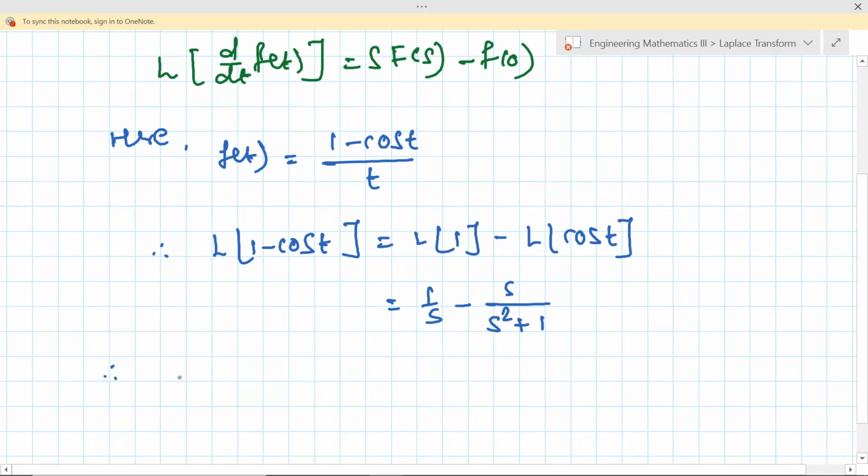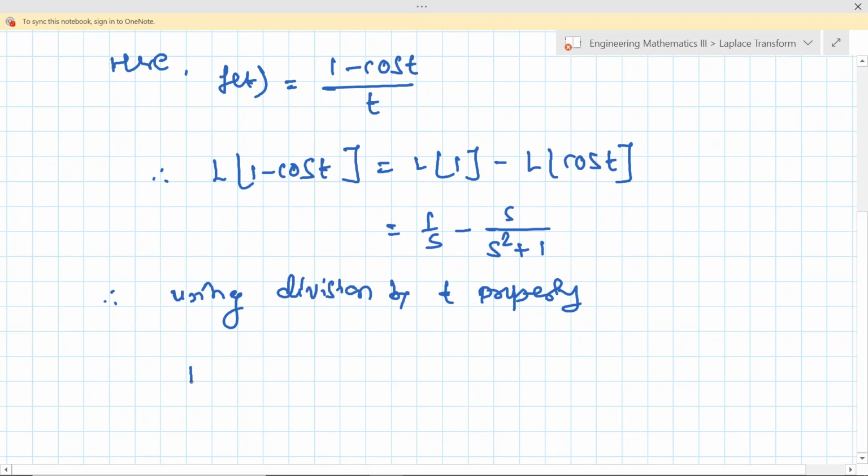So therefore, by using the division by t property, Laplace transform of f of t is equal to Laplace transform of (1 minus cos t) divided by t.